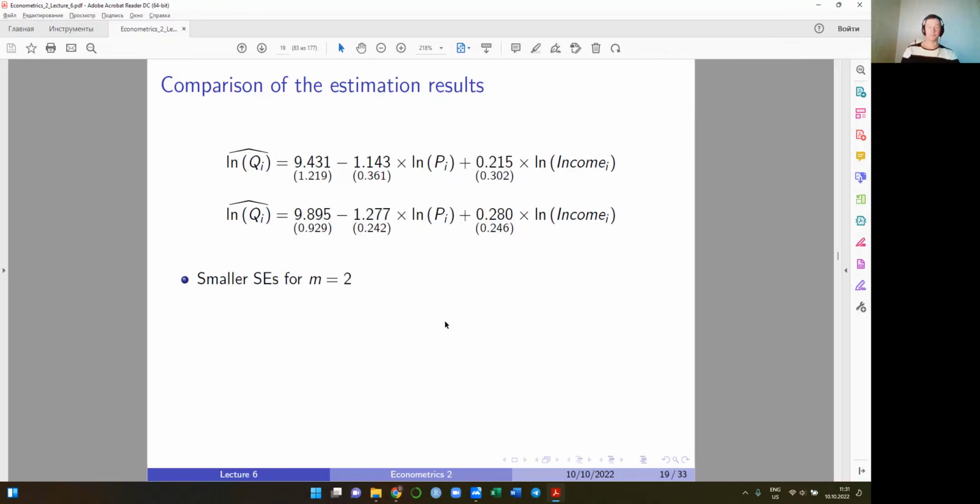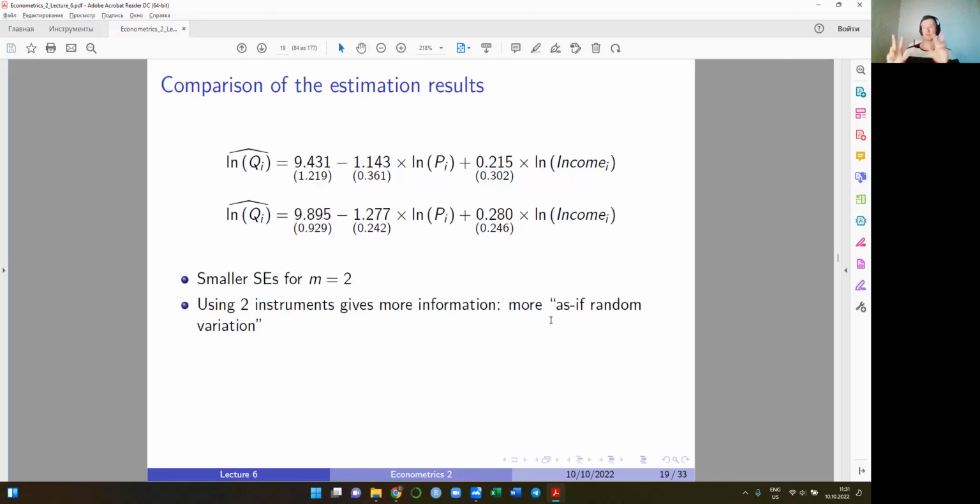Back to our question. We have smaller standard errors for the case where we have two instruments. See that for all coefficients, standard errors are smaller. This is not irrelevant, because when we use two instruments, we obtain more information.